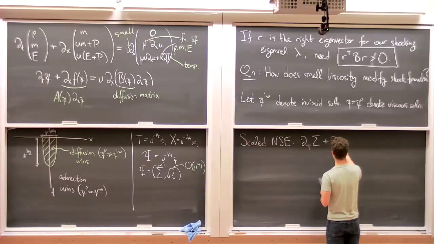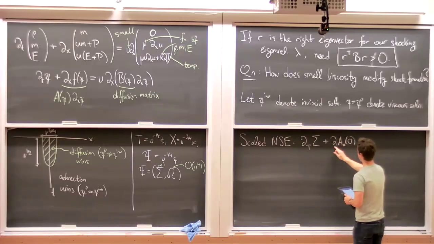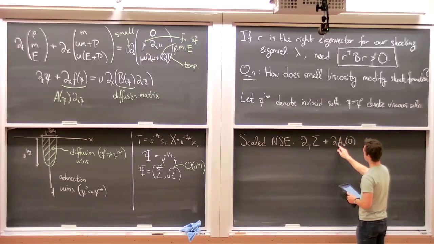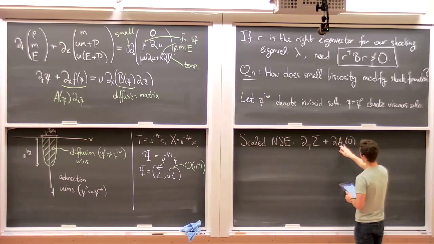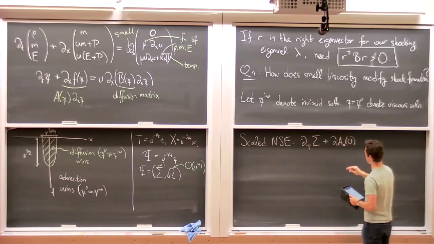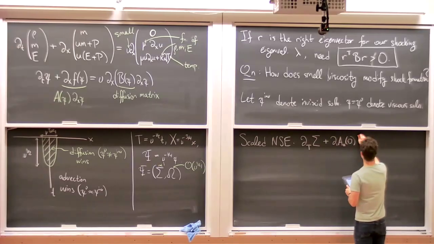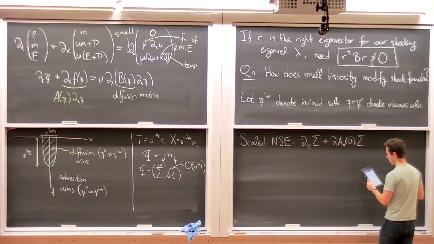And you're going to get, let me write it out a bit more carefully this time, a derivative of the advection in the shocking direction. So A11 is the term of the advection matrix in the shocking direction, and I'm differentiating it to extract its leading order behavior, because at 0th order it vanishes.